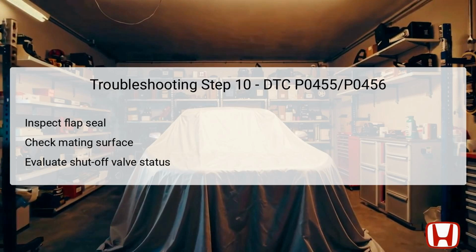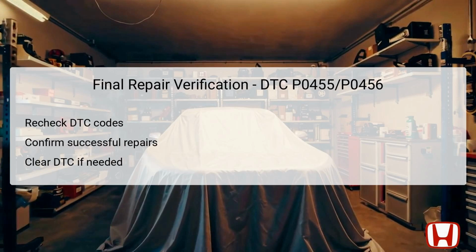If the flap seal is found to be damaged, typically, the entire main flap unit will require replacement to ensure the system's effectiveness. Once all necessary repairs have been conducted, it is crucial to perform a final verification to confirm that the issues have been appropriately resolved. This involves rechecking the DTC codes using the HDS. If no codes reappear, successful repairs can be verified.